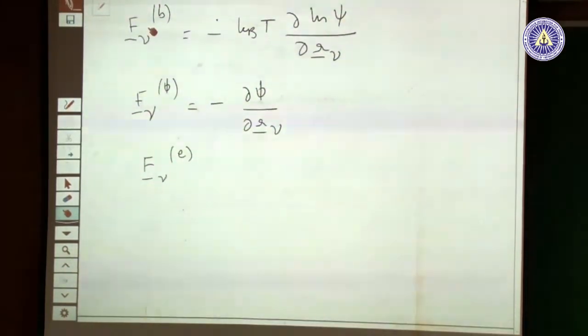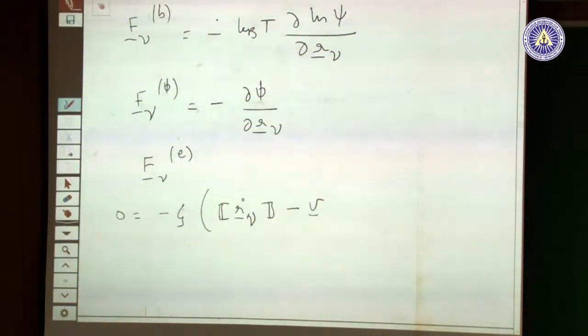So, we are going to add all of these and write 0 is minus zeta times r dot nu minus V nu. And this we can now write: it is the velocity at the location of bead nu. So, we saw how that was V 0 plus kappa dot r, right.